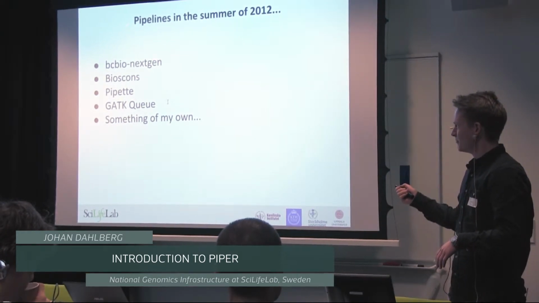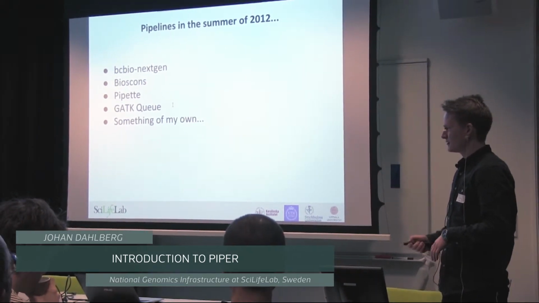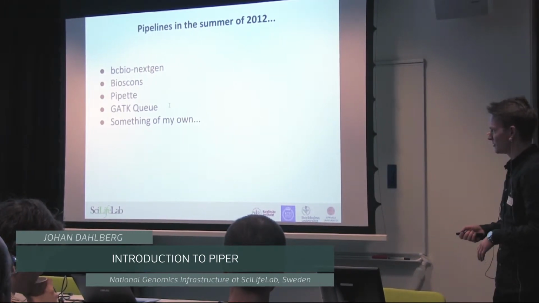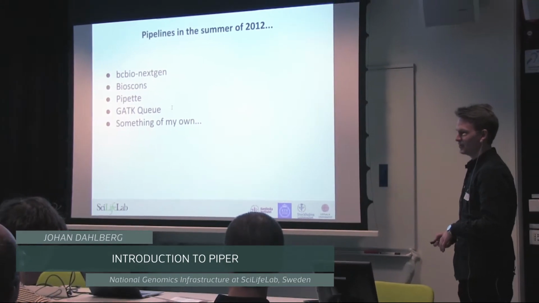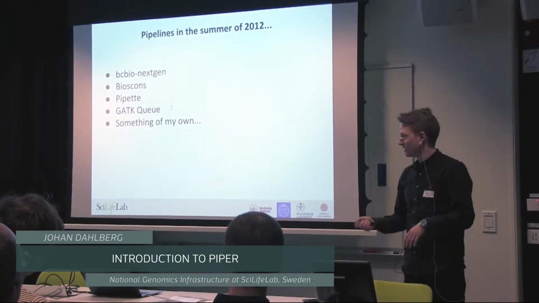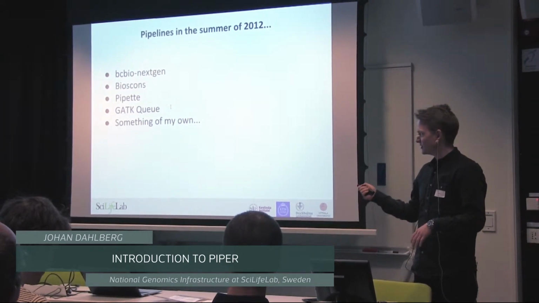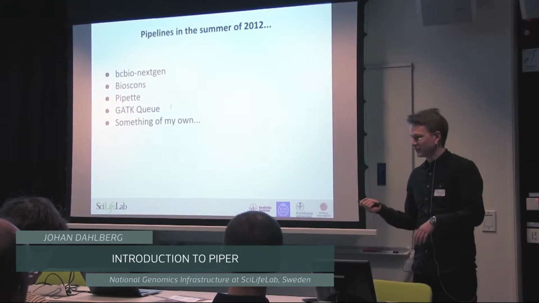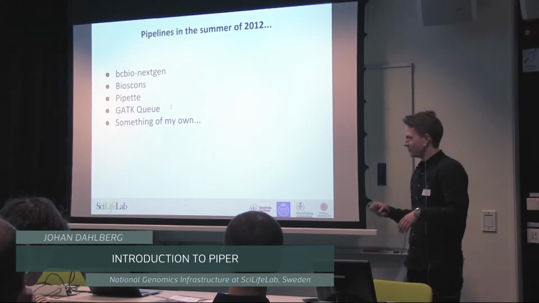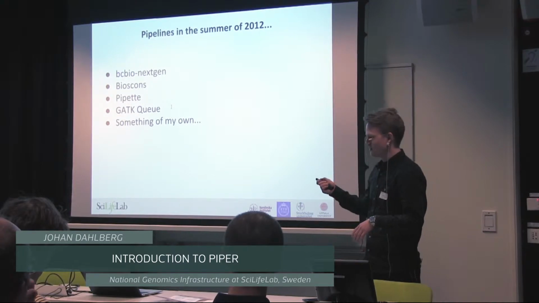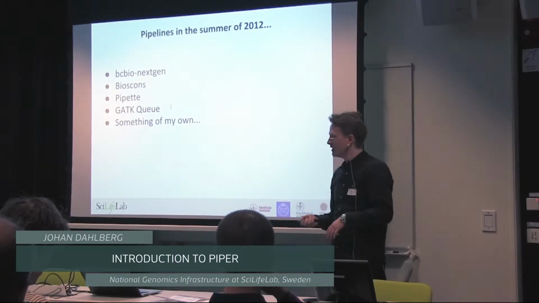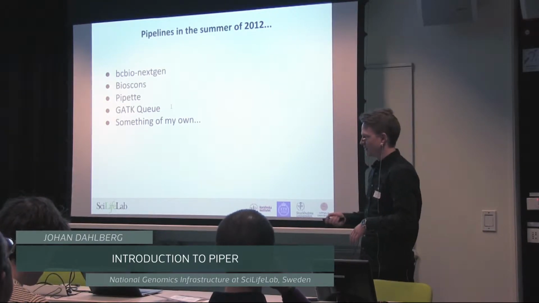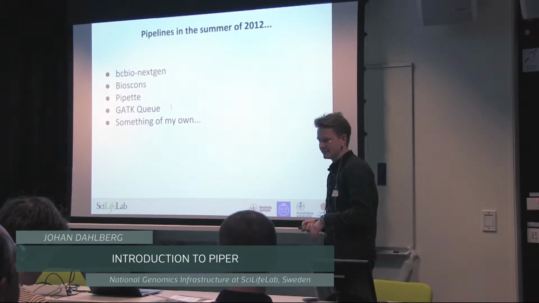didn't. But BCBio NextGen is still out there, I guess, and still quite popular, I think. Bioscons and Pipette, I haven't actually heard anybody mention since then. Maybe somebody else has. And then there was JTK-Q. At this point, I was just coming out of writing my master thesis. I'd worked on writing a custom JTK walker, so I was familiar with that code, which led me to see that they have something in there that looks pretty nice.